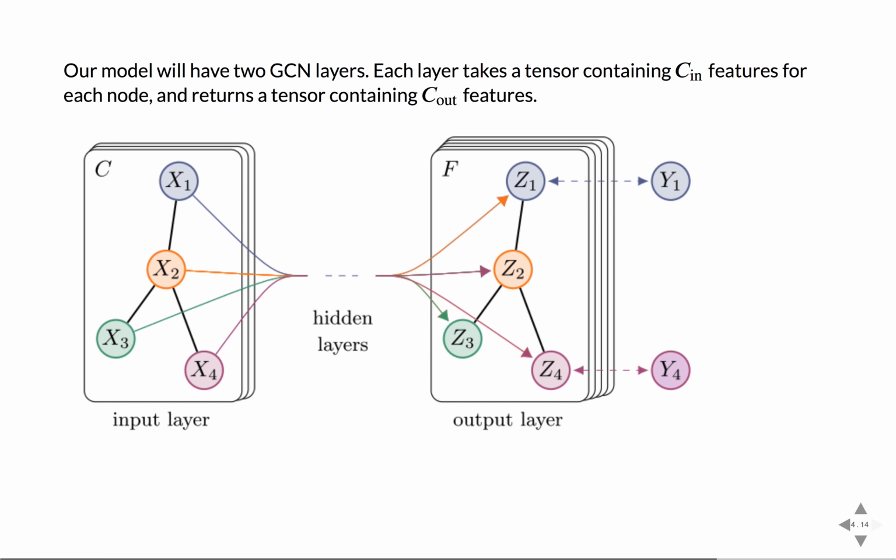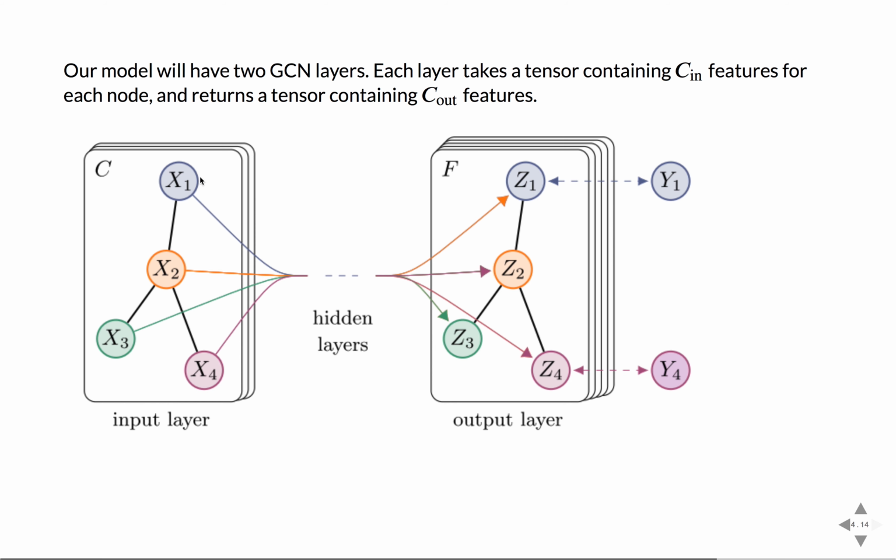Okay, and graphically, what you can imagine here that our model is doing, we have our graph, we have nodes. Each node has multiple features. This is what's represented here by these rectangles here.